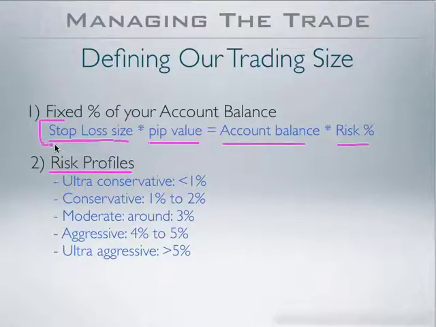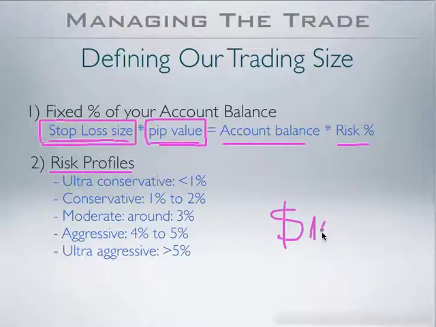We are going to talk about that in a second, but for the time being, just please get this idea. You should be calculating in pips your stop loss size, 30 pips, 40 pips, whatever. Then the pip value for that currency pair. Not every currency pair has the same pip value. For example, one standard lot of the euro against the American dollar is worth $10.